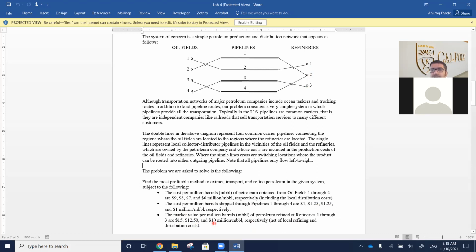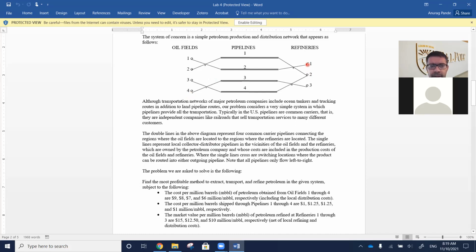Now, again, think about this. If you did not have any constraints whatsoever, what would happen? You would want to produce at this 6 million per barrel, the lowest cost oil field, and you want to sell it at refinery number 1, where it fetches you $15 million per million barrel. Does that make sense?